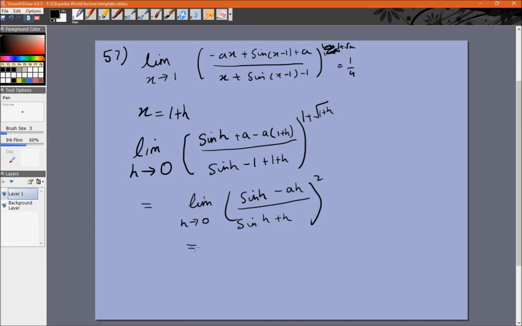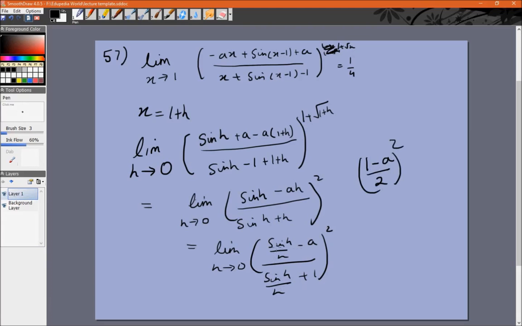This can be written as the limit as h goes to 0 of [(sin h / h − a) / (sin h / h + 1)] whole squared. Now we know sin h by h in both cases goes to 1, so the answer will be (1 minus a) by 2, whole squared.